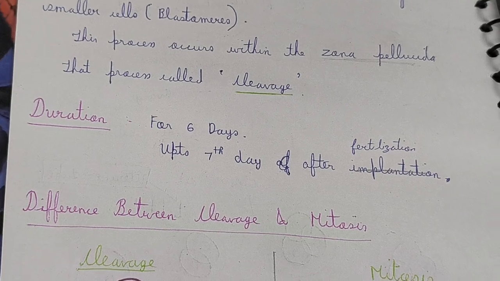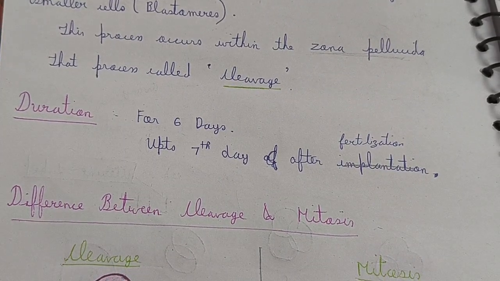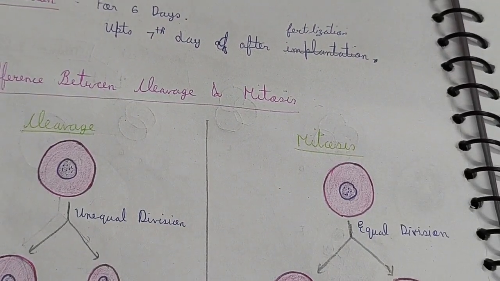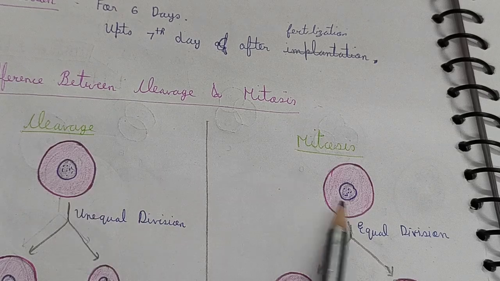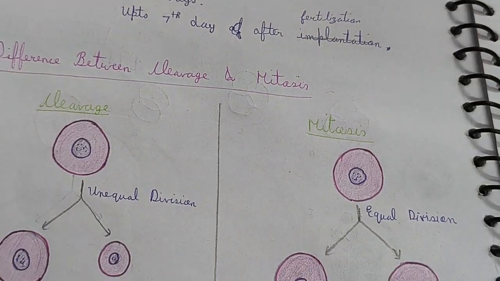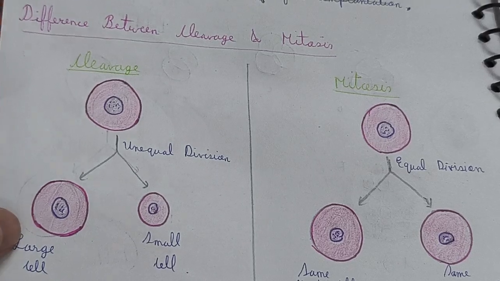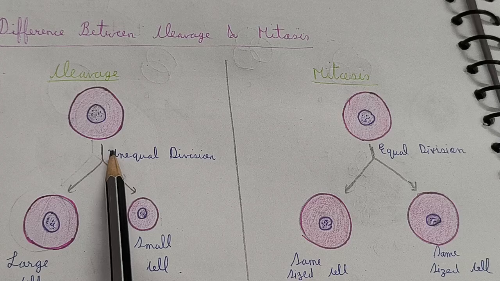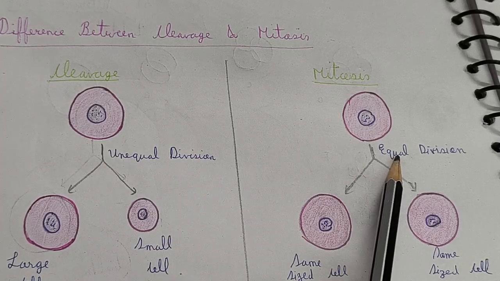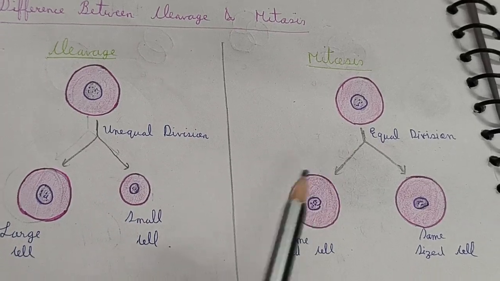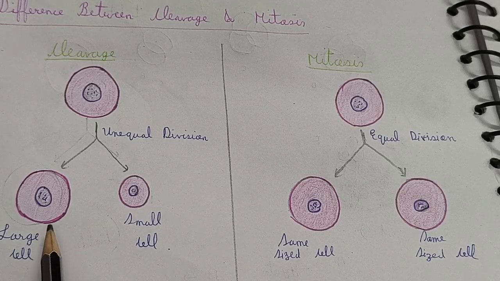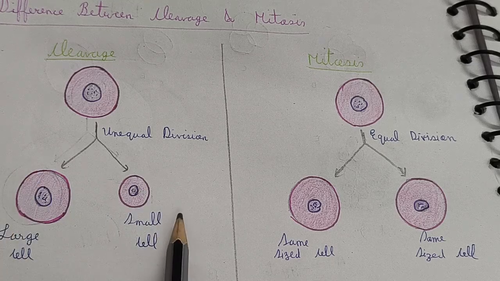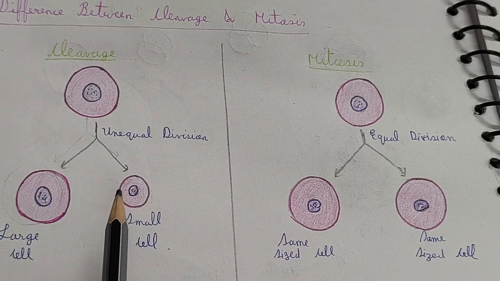But now you should also understand the difference between cleavage and mitosis. Here you can see this is a cell and this is a cell. The first thing you can see is that cleavage causes unequal division and mitosis causes equal division. So due to cleavage, a large cell and a small cell form; all the cells formed are not of similar size.